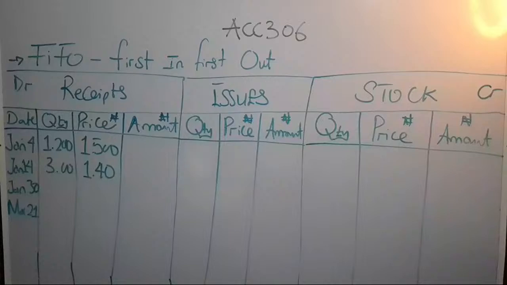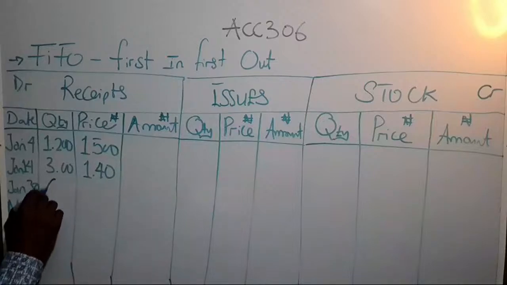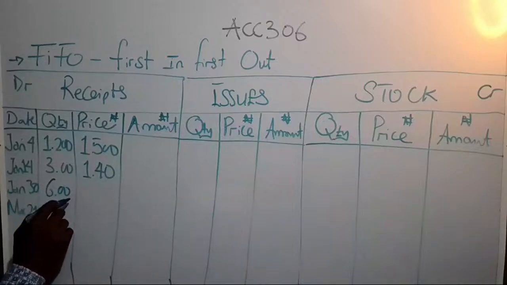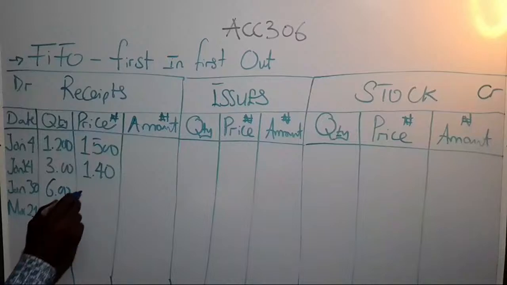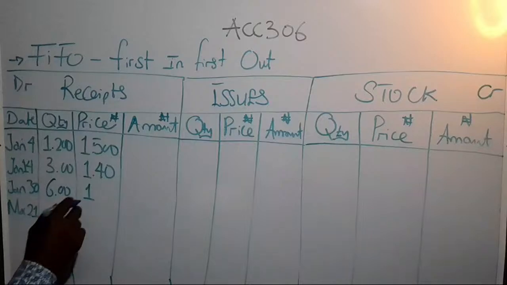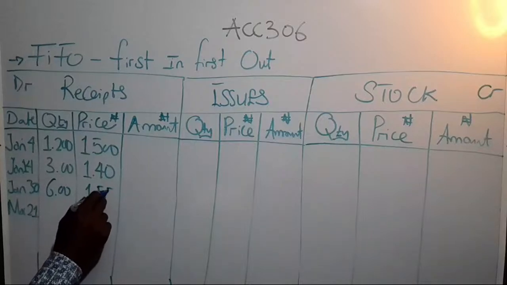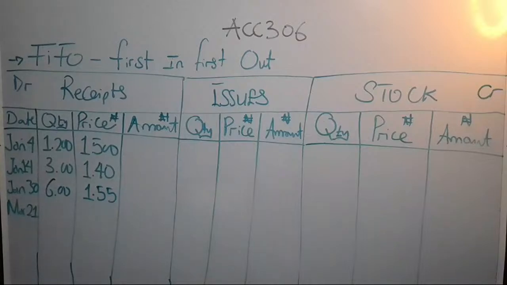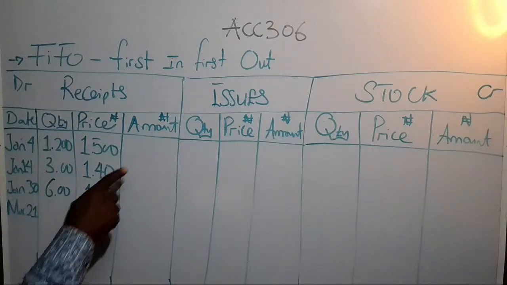For the 30th of January, we have 600. The quantity is 600, and it was given at 1,55. So if you have a calculator there, you get the amount.